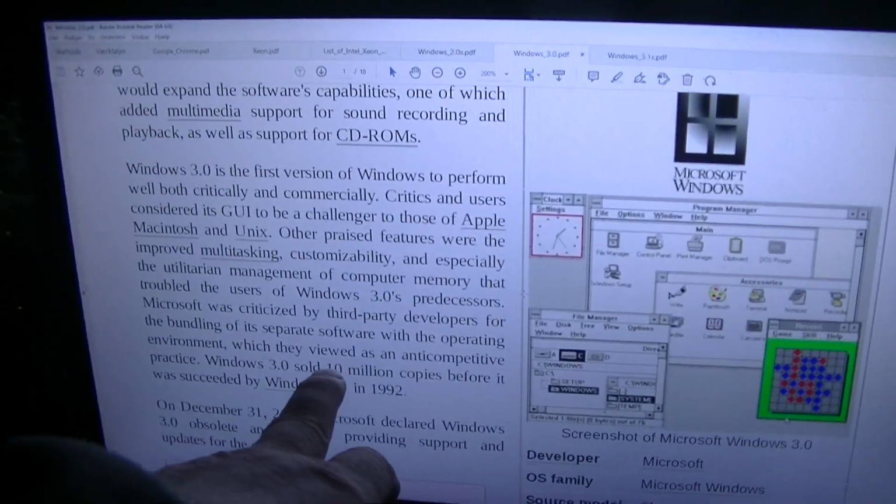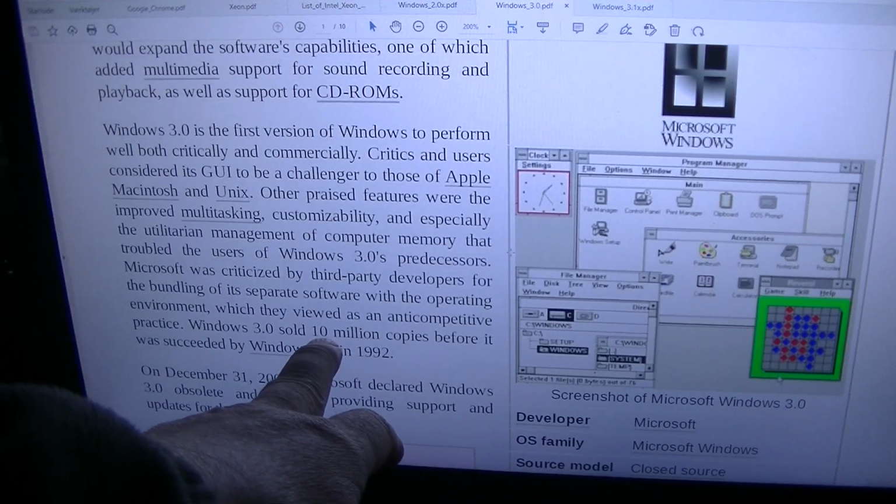Look at that, 10 million copies, 10 million multiplied with, I don't know, $50. That's so much money.